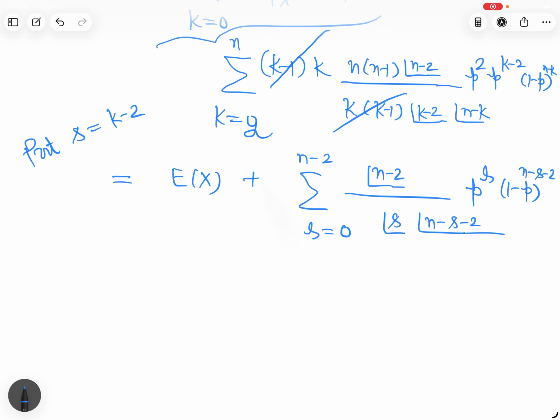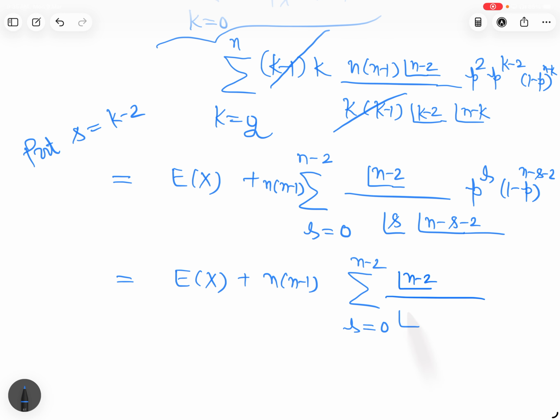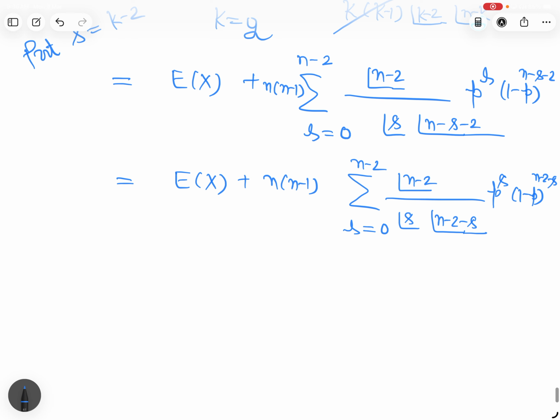So here n into n minus 1 will come out. I can write this in this way. Now tell me what is the formula for this?